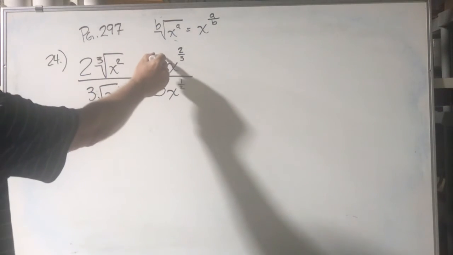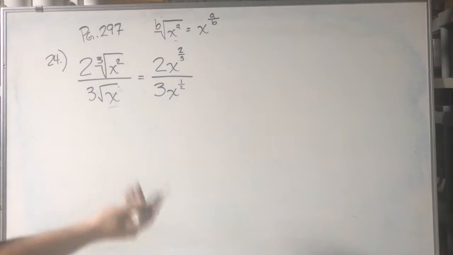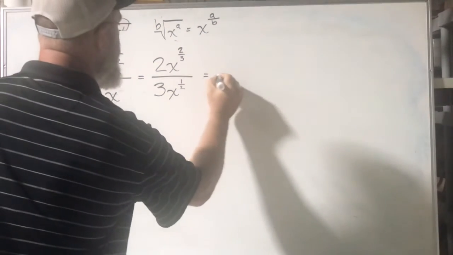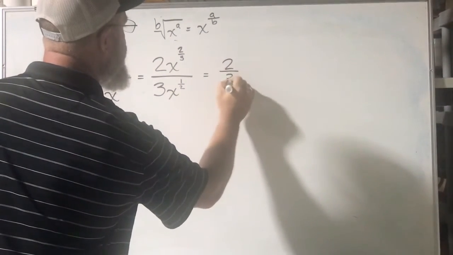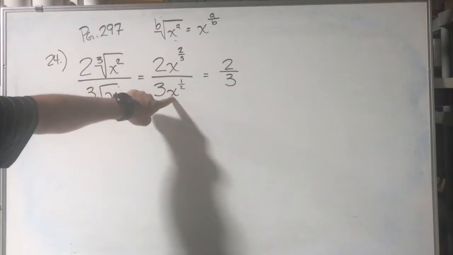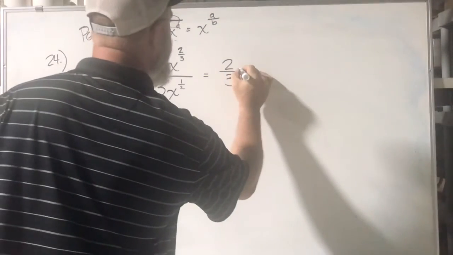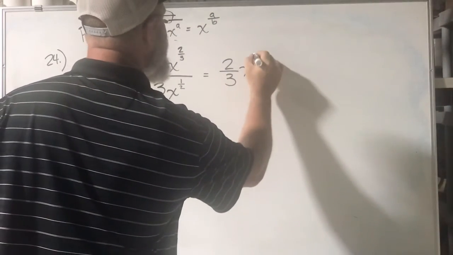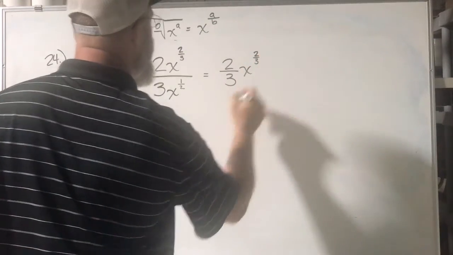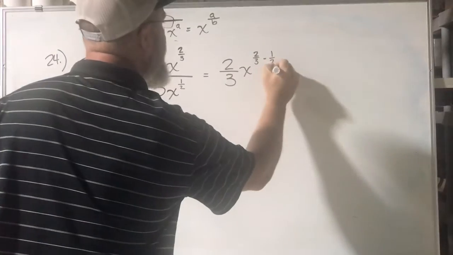Well, the coefficient 2 over 3 just equals 2/3. I can't reduce that anymore. The variables, I've got x and I've got x. So that would be 2/3 times x to the 2/3 minus 1/2.